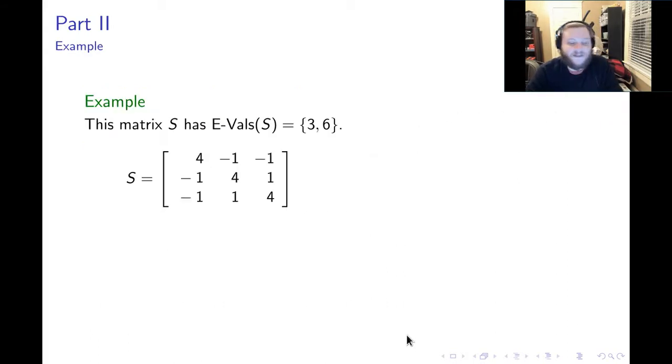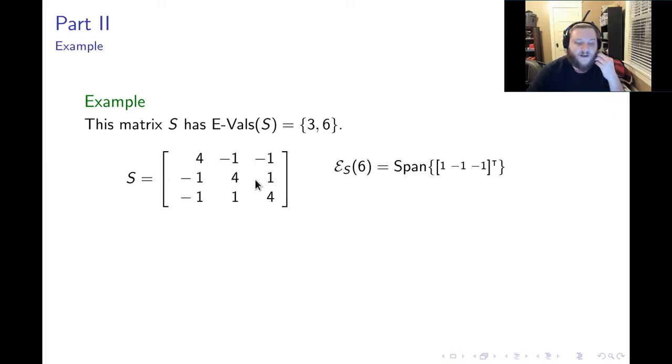So let's see this in an example. Here is an example of a real symmetric matrix, which is therefore also Hermitian. The eigenvalues of this matrix are 3 and 6. I shouldn't be surprised that the eigenvalues are real numbers, because this matrix is real symmetric and therefore Hermitian, and the first part of the spectral theorem says that the eigenvalues of any Hermitian matrix are real numbers.